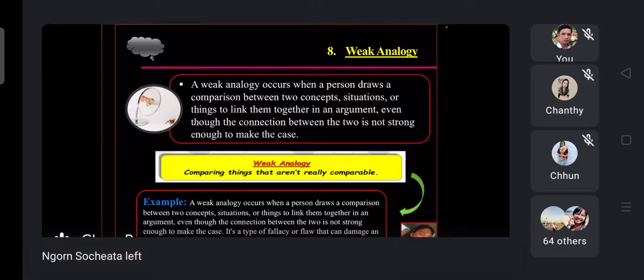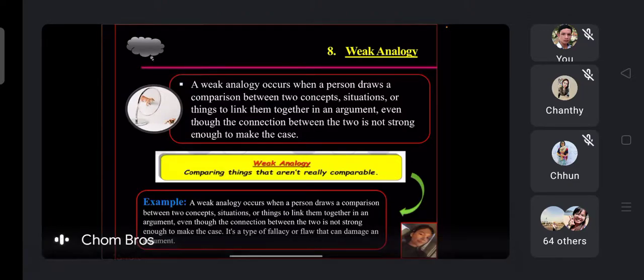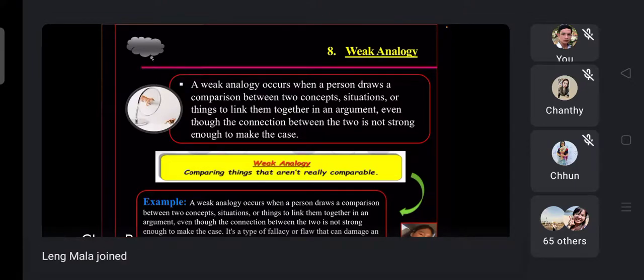It's a type of fallacy of weak induction, when an analogy is used to prove or disprove an argument, but the things compared are not similar enough.